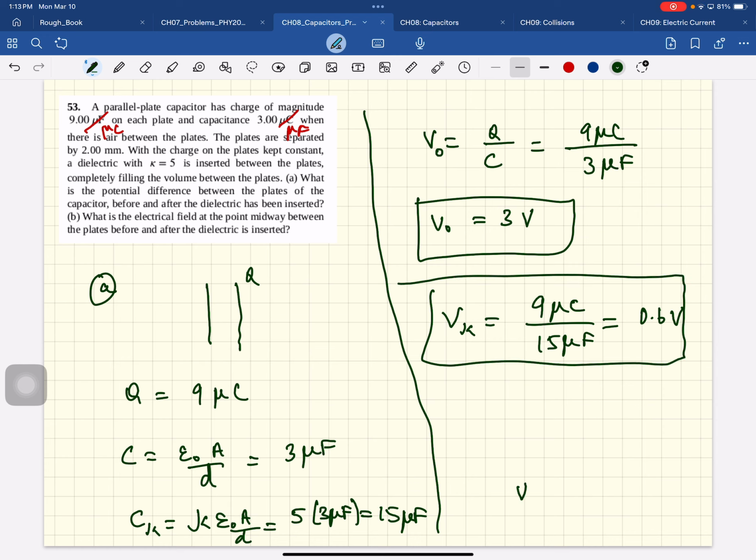The voltage across the plates is the electric field times the distance between the plates. When the dielectric is inserted, the electric field decreases and the voltage decreases. So with the dielectric present, the electric field decreases, and so the dielectric strength is greater, you're able to charge the capacitor to a greater degree, okay?